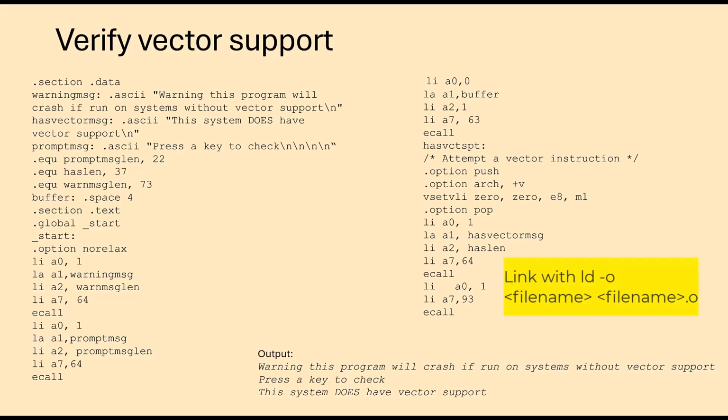Link it simply by doing ld -o with the file name of the executable and then file name.o. This program will print out a text string denoting if the system in question has vector support. If it does not have vector support, an illegal instruction will be encountered.